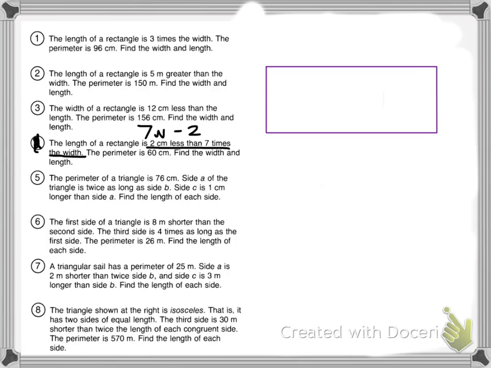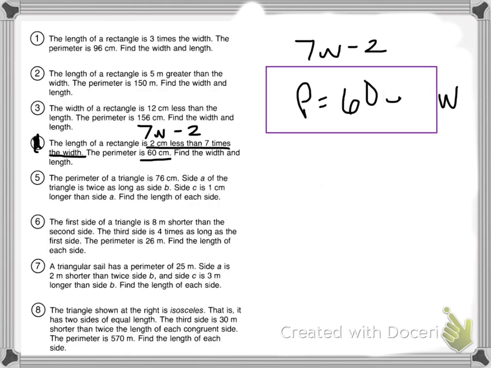The perimeter is 60. So let's bring this back to a normal size and put that in. The length was 7w minus 2, so let's put that there, 7w minus 2, and the width is just the width, and the perimeter is 60. Just a straightforward problem.